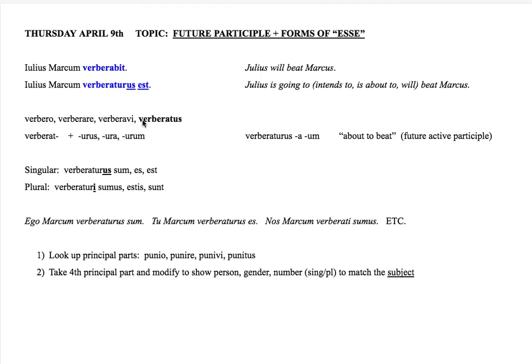What you're going to do is start with the fourth principal part and take what is called the participial stem, that's verberat, basically minus the us ending. Onto that you can add urus, ura, or urum to get this form right here, and this is in fact called the future participle.